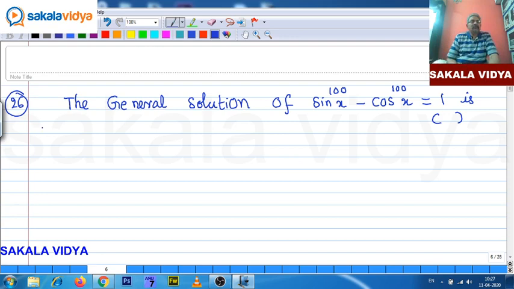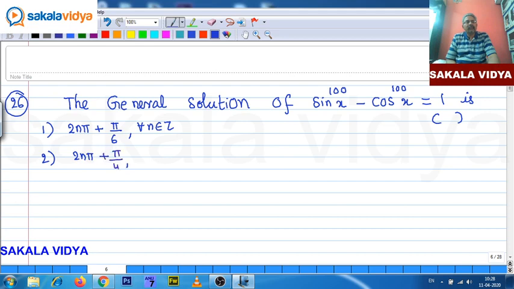Now the first option, 2n pi plus pi by 6 for every n belongs to z. Second option, 2n pi plus pi by 4 for every n belongs to z.